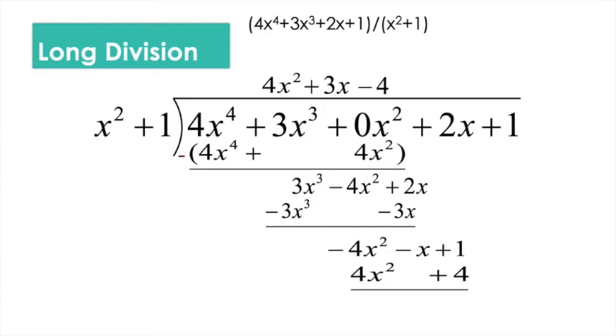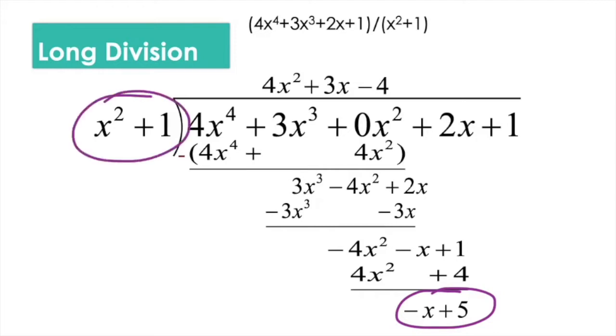My negative 4x squared and 4x cancel. My 1 and 4 become 5. And my remainder is negative x plus 5. I will write that remainder as a fraction. I will put the negative x plus 5 on the top and the x squared plus 1 on the bottom, or the denominator.